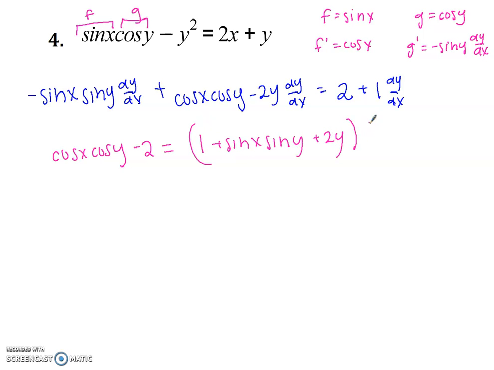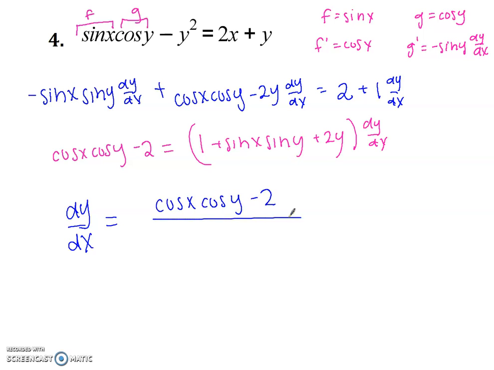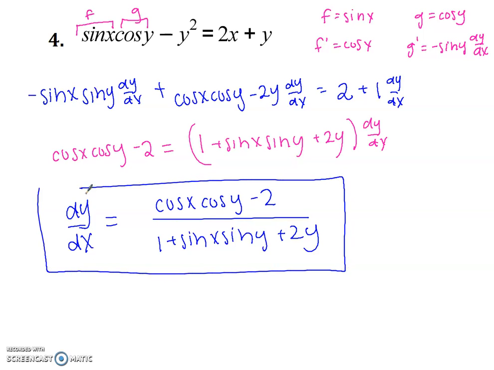Okay, and then I'm just going to write the dy dx outside, and then my last step is just to divide by this. So you'll have cosine of x, cosine of y minus 2 over 1 plus sine of x, sine of y plus 2y. And you can't reduce it by anything, so this would be your final answer.